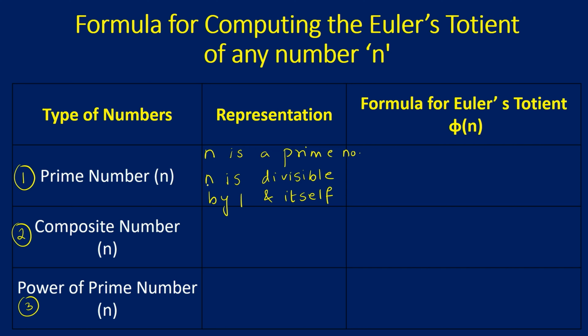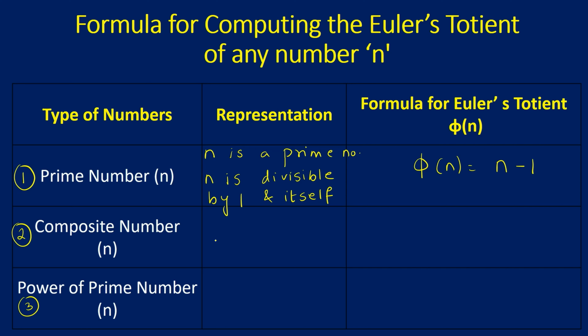So, prime numbers are the numbers which are divisible by only two numbers, that is by 1, and by itself, that is n. So when you divide n by 1 or when you divide n by n, then and only then the remainder is 0. Otherwise, if you divide n by any other number, it will result in a remainder. So such numbers are called prime numbers, and if n is prime, the Euler Totient is computed by the formula n minus 1.